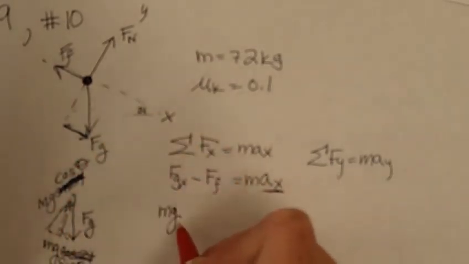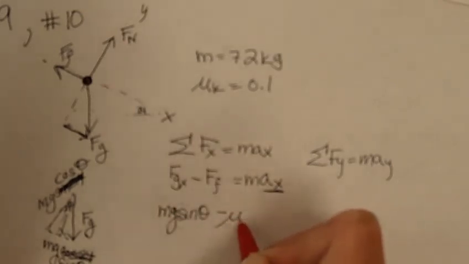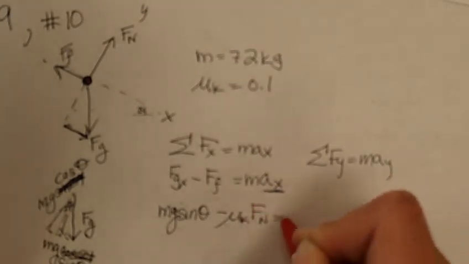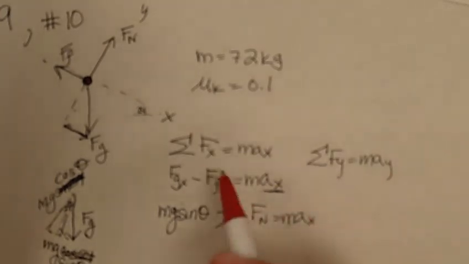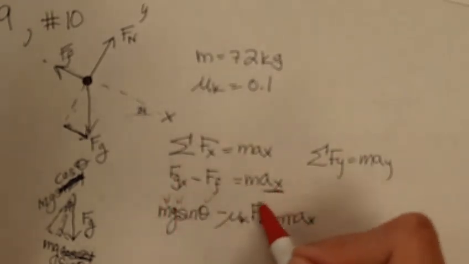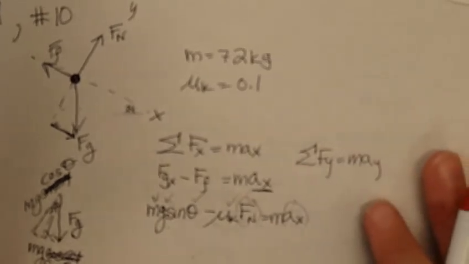Okay, so Fgx is mg times sine theta minus mu k times Fn is equal to max. Going through this, I see that I have a number for all of these things except for a and Fn. So I probably need to use the y direction to find Fn.